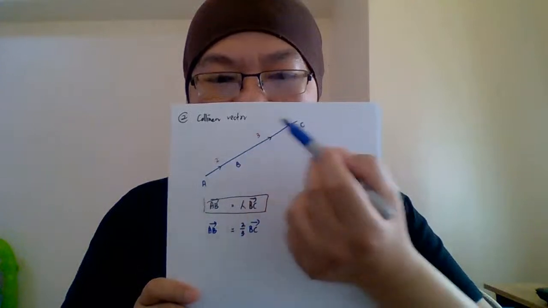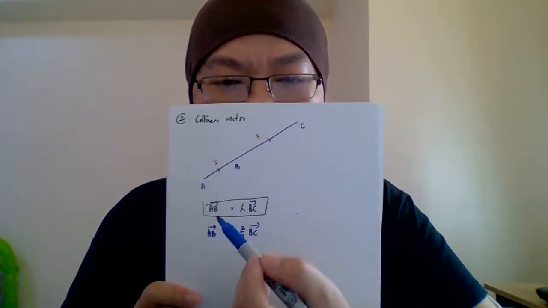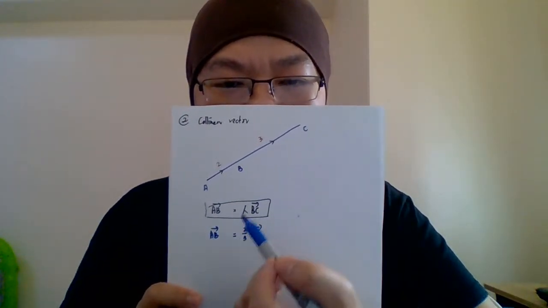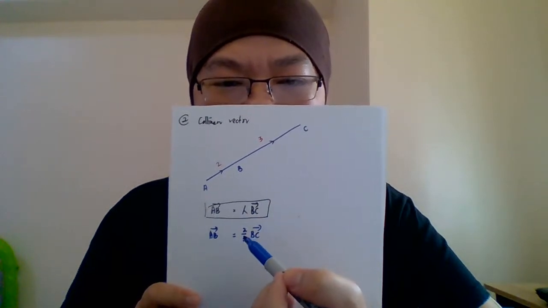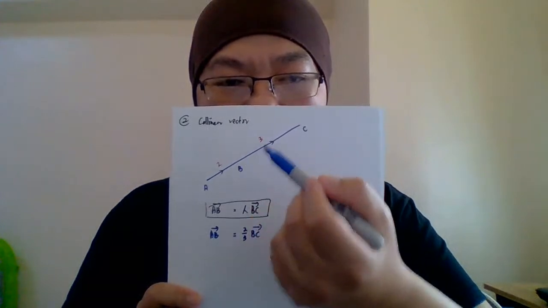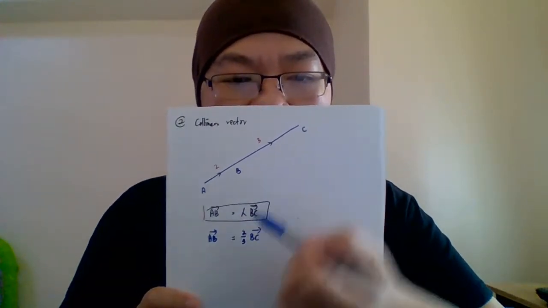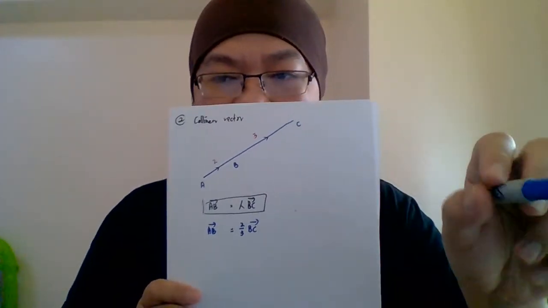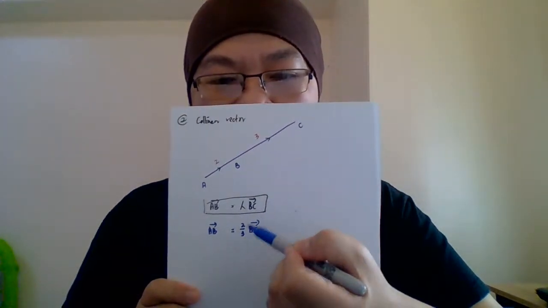This is my example here. How do I know the lambda is 2 over 3? The problem is that in SPM, you must determine this 2 over 3.